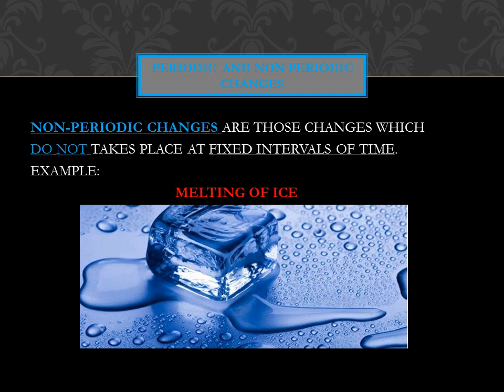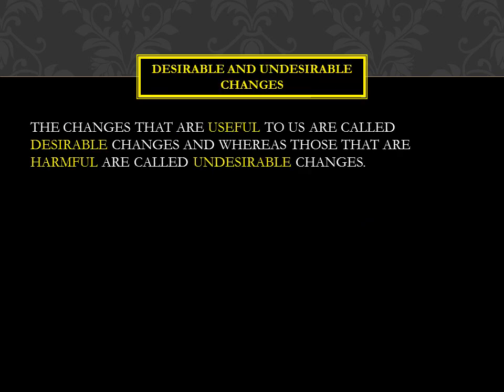So these are non-periodic changes. Rusting of iron is again a non-periodic change, or charring of sugar is again a non-periodic change. All those changes which do not occur at a fixed interval of time are non-periodic changes. Now let us move ahead to the desirable and undesirable changes.